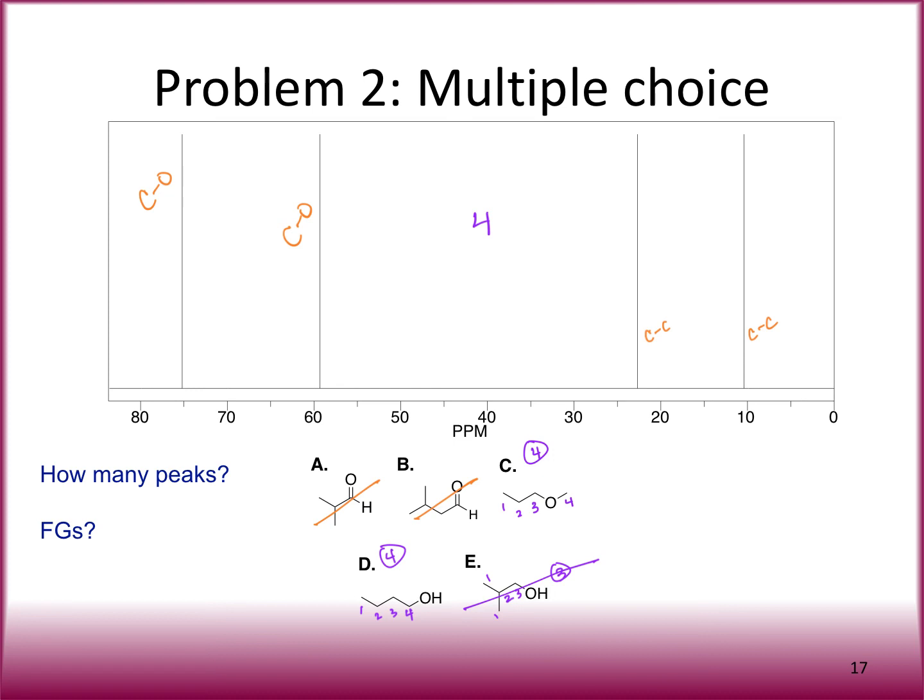So what's the difference between D and C? Right, so one of them has one CO bond, right? Because it has this and then a hydrogen. The other one has a carbon, oxygen, carbon. So this one actually has 2 carbons that are next to the oxygen. So that means that's probably going to better match our spectra, right? So that means our answer is going to be C.